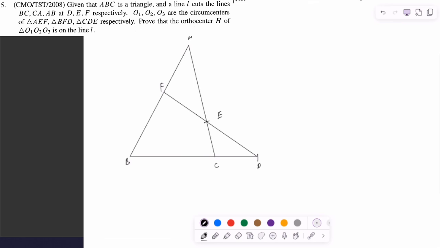Okay. So now we're gonna draw circumcircles of AFE and CDE. But first of all, let's mark out the circumcenters. So this one goes something like this. Wait, it's not very perpendicular though. Something like this would do.